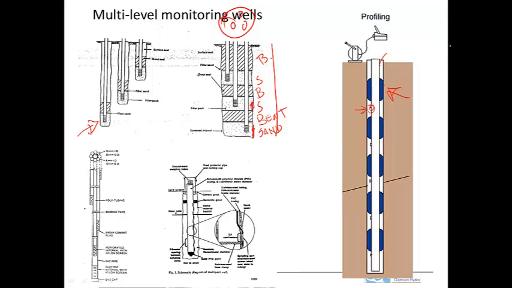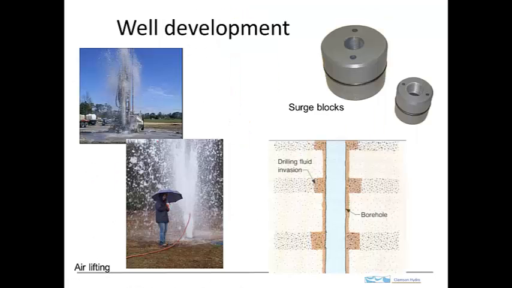These things are available commercially, and they're fairly expensive. But if you have a deep hole, for example, and you compare the cost of drilling five holes to what this would cost, these are actually pretty economical. And here we have a couple of other variations. This is another variation on ways to make multi-level monitoring wells.